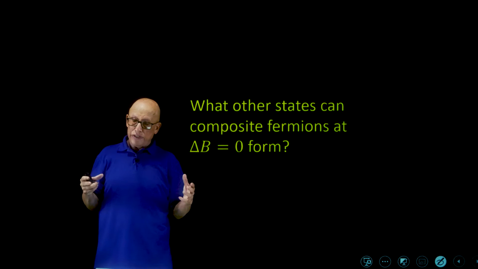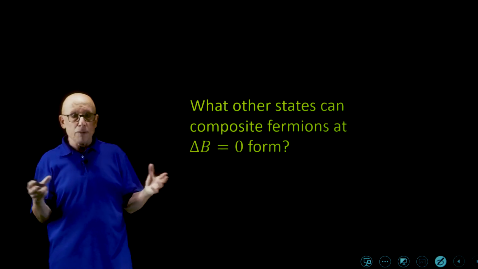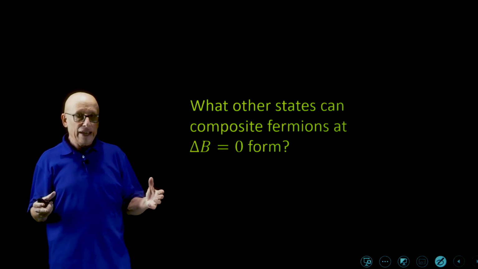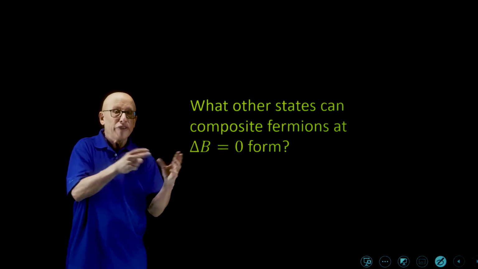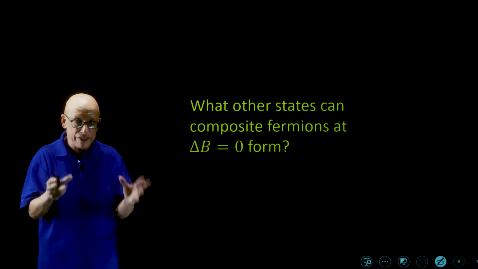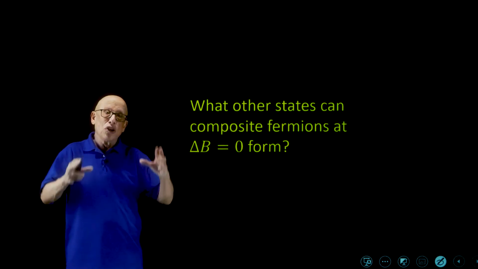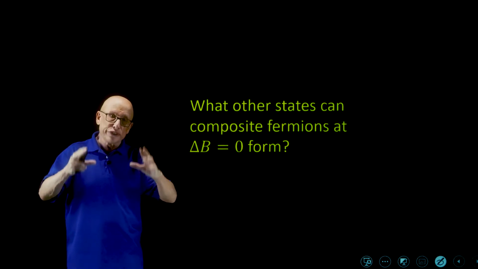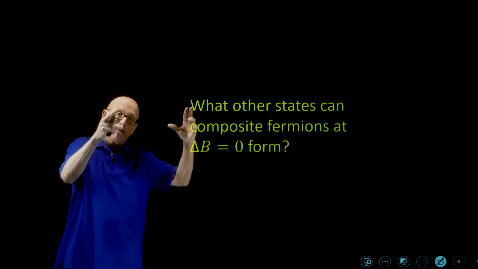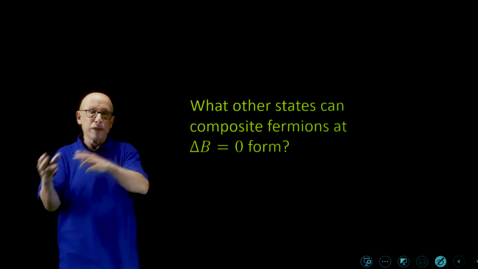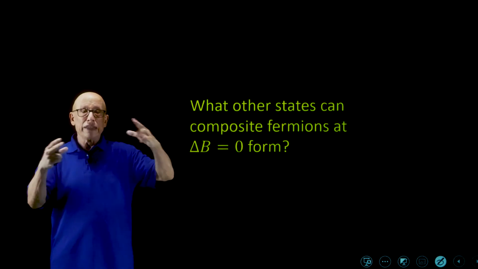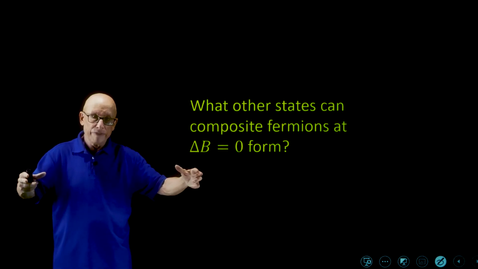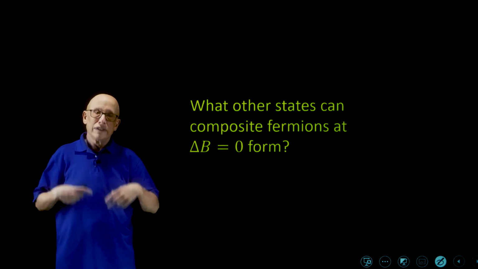Now, fermions at 0 magnetic field can form other states of matter too, right? They can form a Fermi liquid, but that's not the only phase they can form. So maybe we should also consider other possible phases, maybe incompressible, maybe compressible, that composite fermions may form at the half-filled Landau level. We will do that next time.